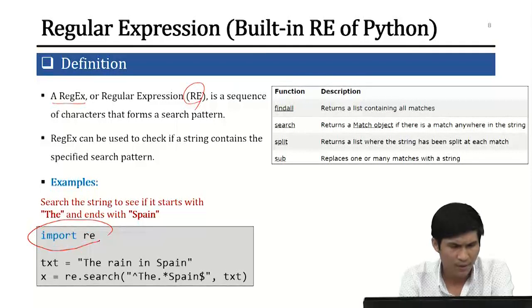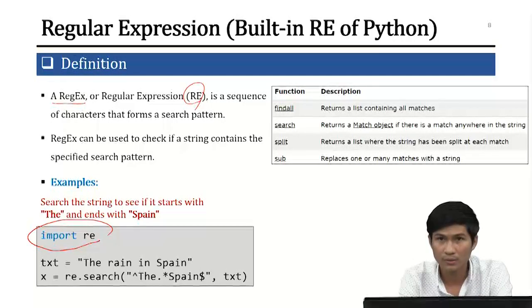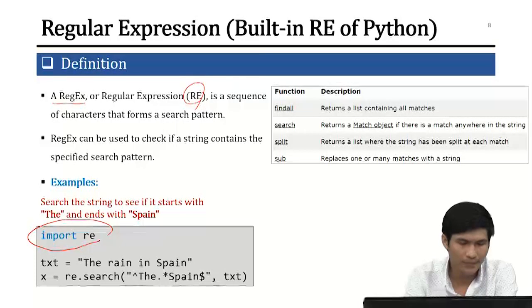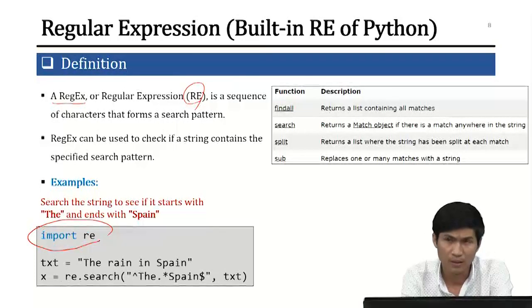In this slide, we give an example of how we can search the string to check if it starts with the word the and ends with the word Spain. To give a rule to the function, as you can see in the code here, we have a given text, txt, equal to the rain in Spain.